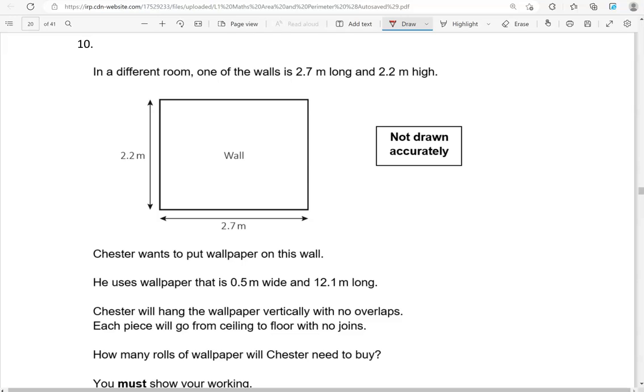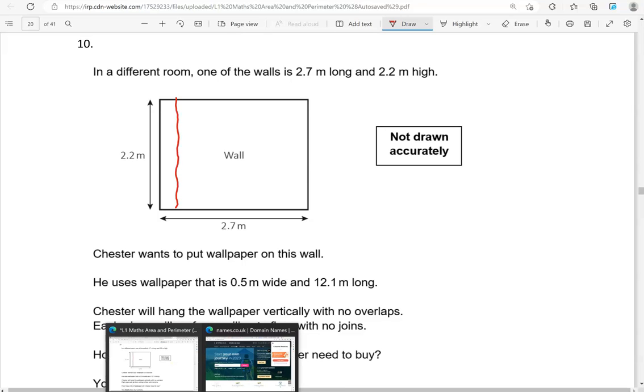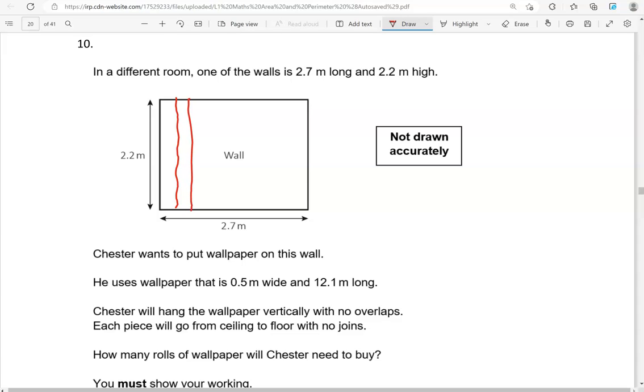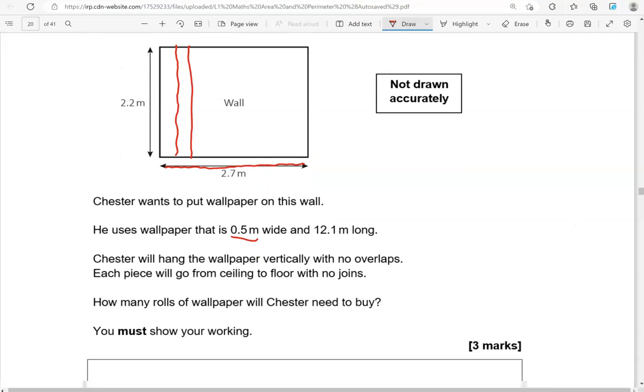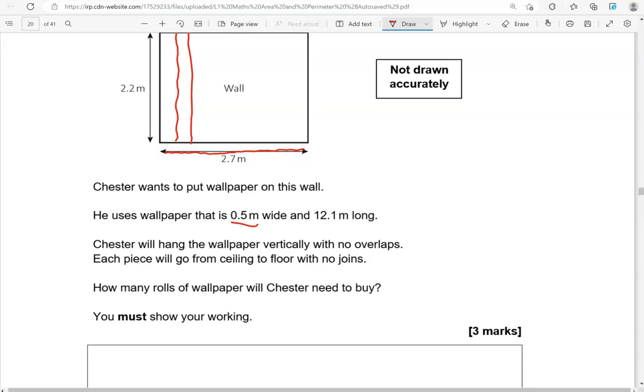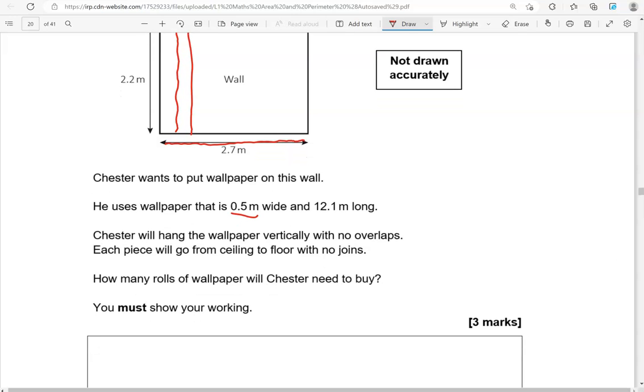So the wallpaper will go down in strips like that. Each strip is 0.5 meters wide, half a meter. So this is 2.7 meters long, so if we do 2.7 divided by 0.5, because there will be no overlaps, that should give us how many of those strips are needed.